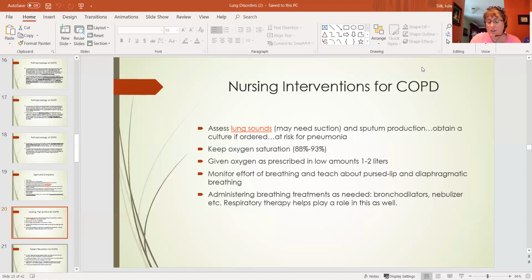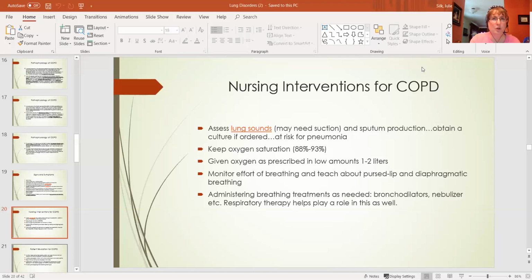There's one that's a phosphodiesterase 4 inhibitor, and I'm going to spell it because I don't know how to say it right. It's ROFLUMILAST. And this is a medication that you see people with really severe COPD take daily.